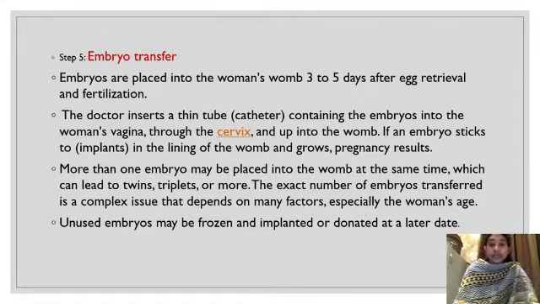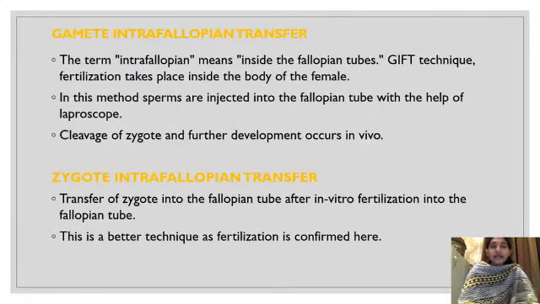Coming to the second type of assisted reproductive technology, and that is gamete intrafallopian transfer. When I say intrafallopian, I mean inside the fallopian tube. What will be transferred? It is the gamete. So in this technique, fertilization will take place inside the body of the female.